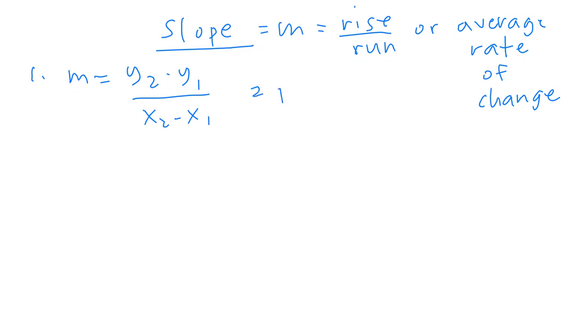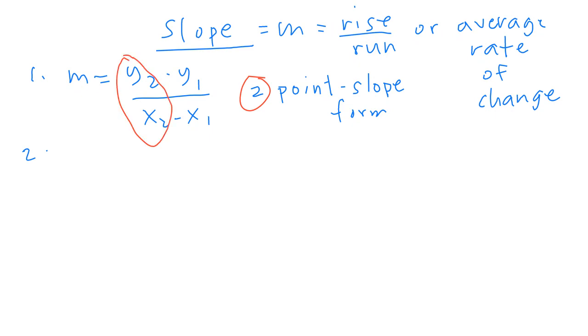We call this the two-point slope form. Okay, so why do we call that the two-point slope form? Because you're given two points. So this is the second ordered pair, this is the first ordered pair. So two points, and then we have a slope.